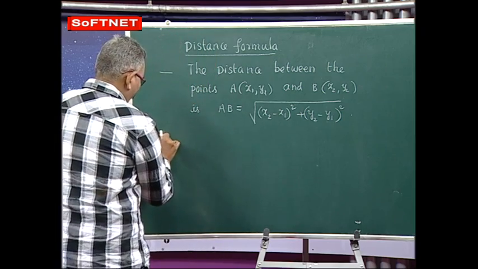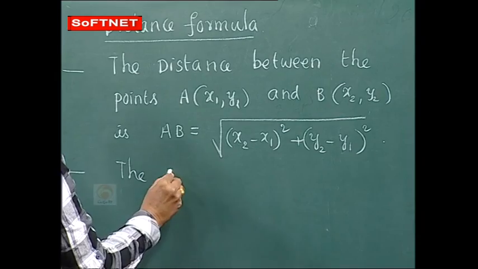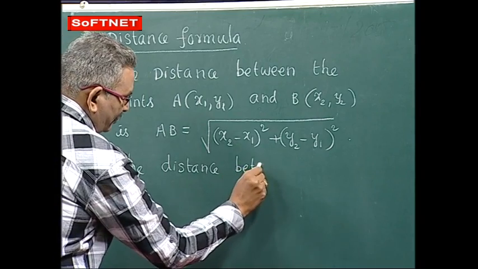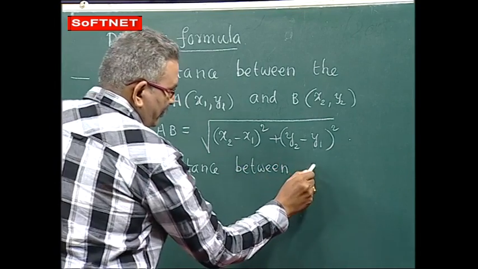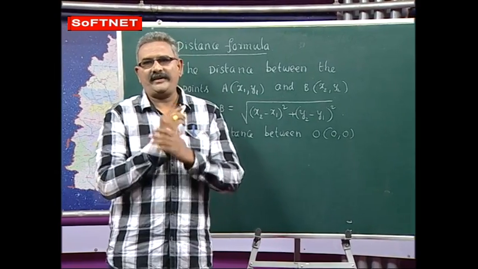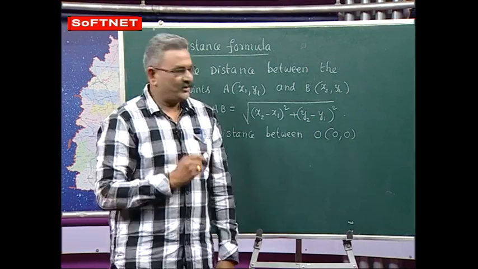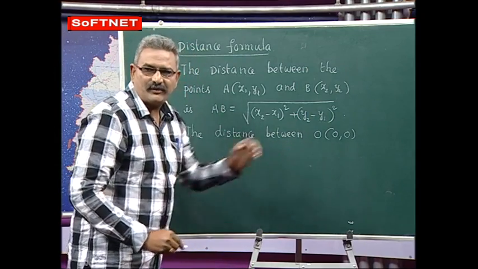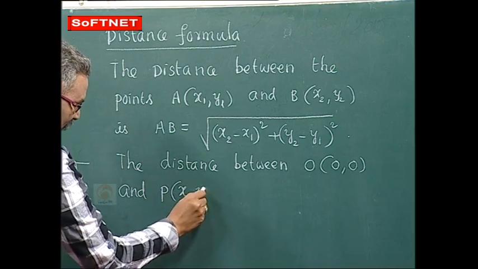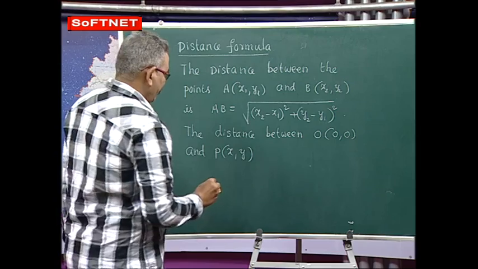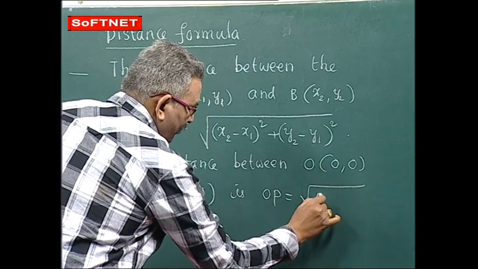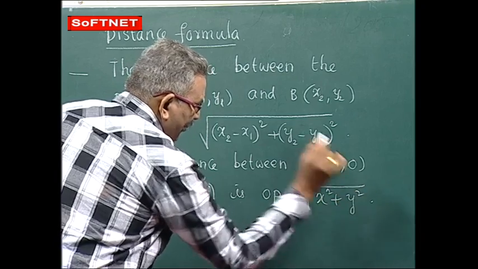Now the next formula, the distance between the origin O (0, 0), which we know is the point of intersection of the x axis and y axis, and the point P (x, y) or (x1, y1), no problem, is OP equal to root of x square plus y square.